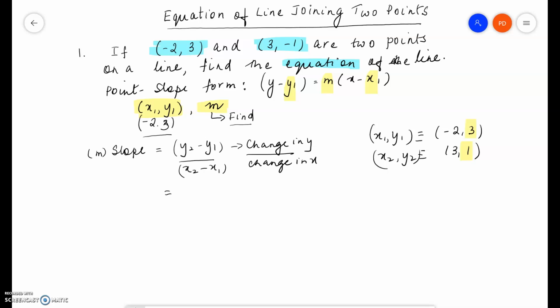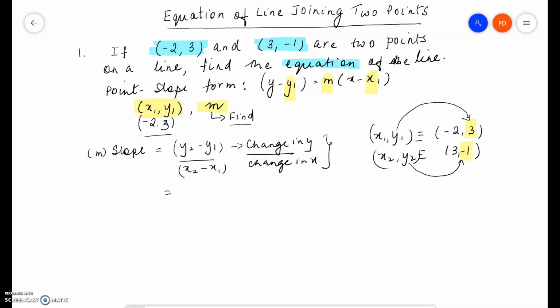If we are given 2 points on the line, we can find the slope using the definition of slope, or using the formula for slope, which is y2 minus y1 divided by x2 minus x1. So if we are given 2 points, (x1, y1), which is (-2, 3), and (x2, y2), which is (3, -1), can we find the slope of the line joining these 2 points? So y2 is -1, y1 is 3.